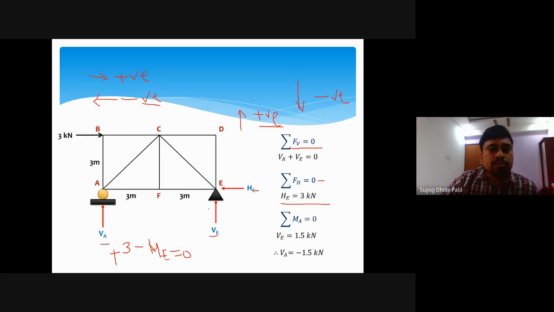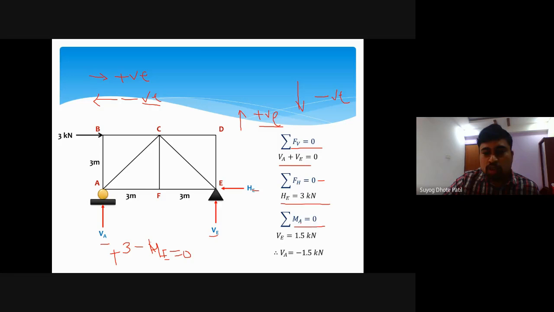Now we have these two equations, summation of vertical forces and summation of horizontal forces equal to 0, but we again have two unknown reactions. He is a known reaction, but over these two equilibrium equations, we need one more additional equilibrium equation to solve these two unknowns.